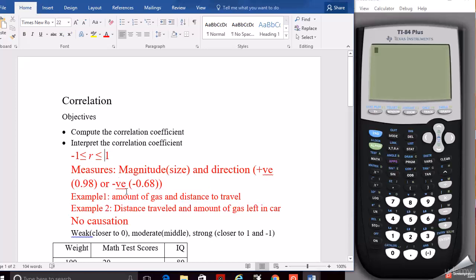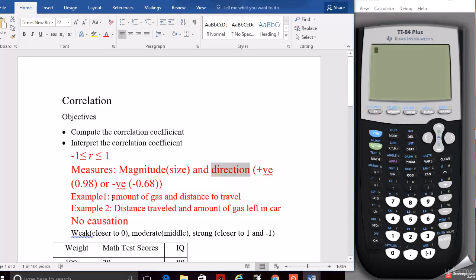So in looking at the correlation coefficient, we look at the magnitude, which is the size. The number tells us the size of the relationship, and the sign tells us the direction of the relationship, positive or negative. As an example, the amount of gas you have in your car determines the amount of distance you can travel.